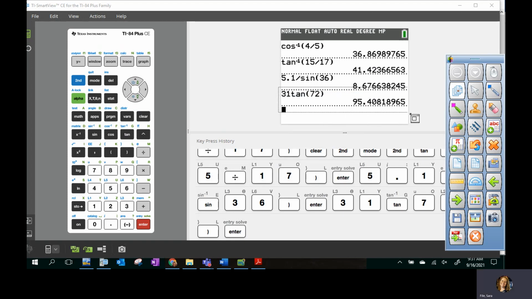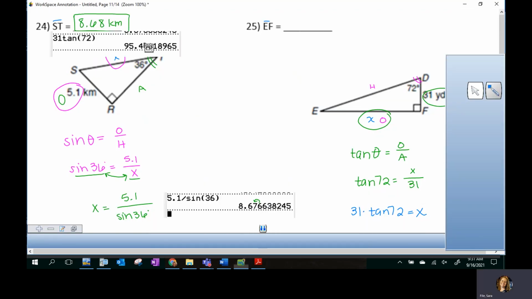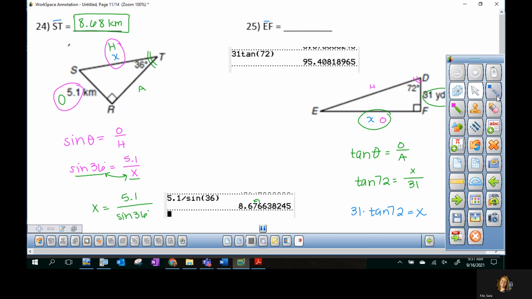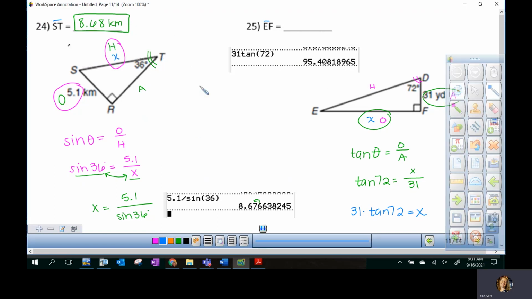If I'm rounding to hundredths, what does this one come out to? 95.41. Good, that 8 rounds that 0 up. And this was in yards.